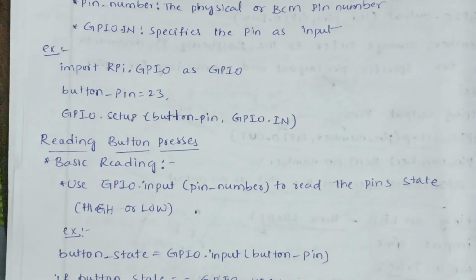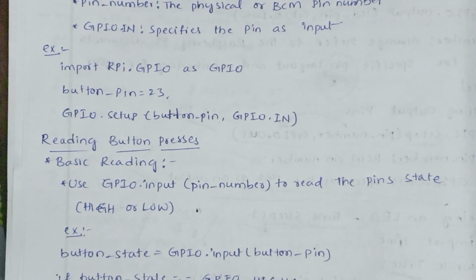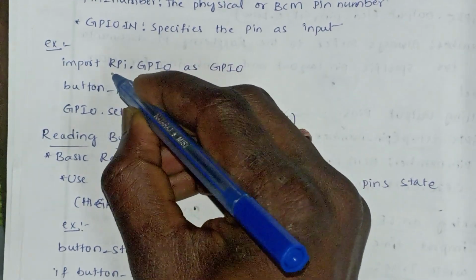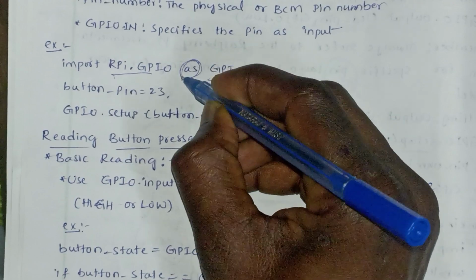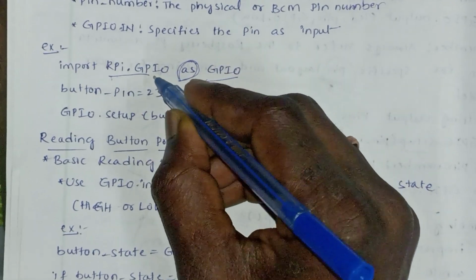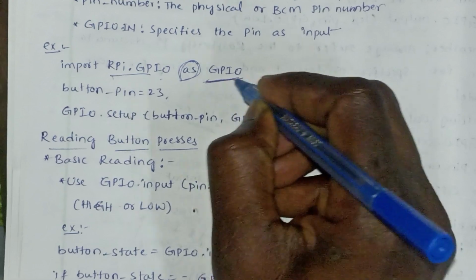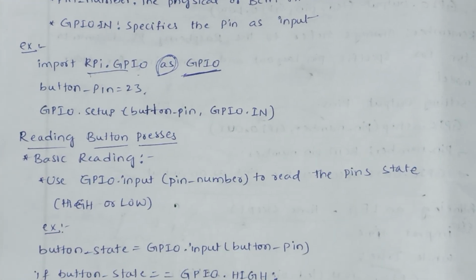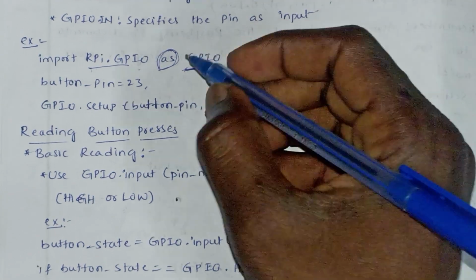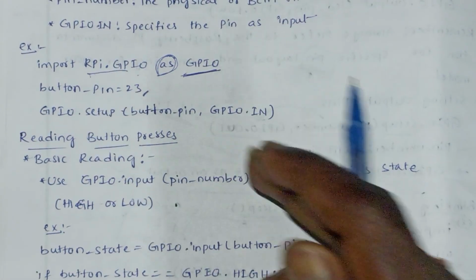Import RPi.GPIO as GPIO. I already told you what this is: because we are unable to write RPi.GPIO every time, instead we are using just GPIO, that is nothing but the alias. Next, button pin equals 23, some number he has taken. This is not a random number.